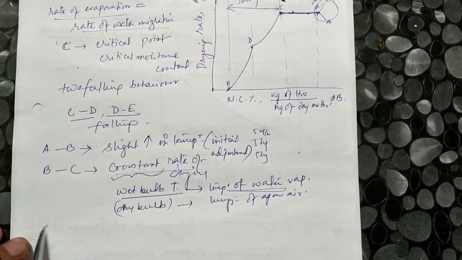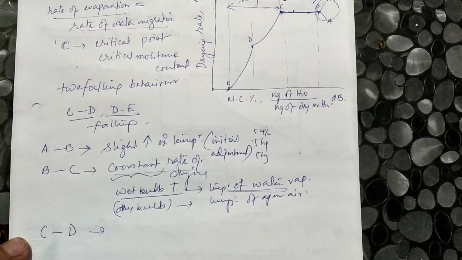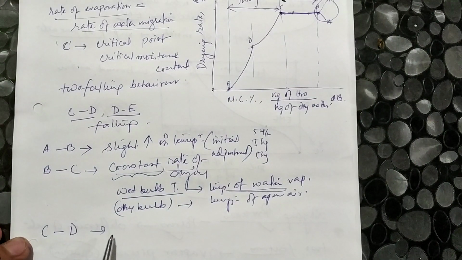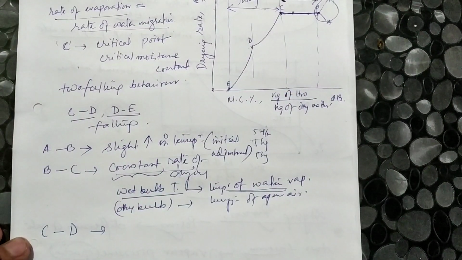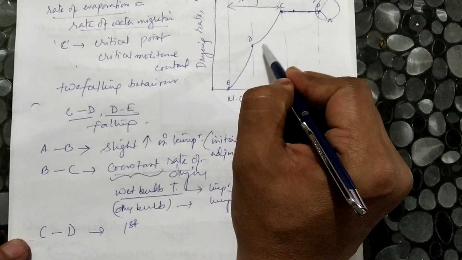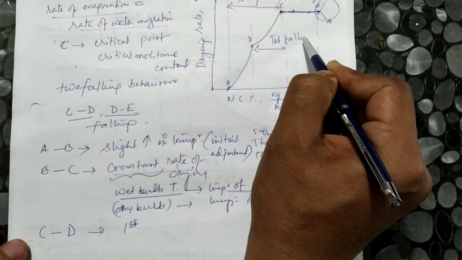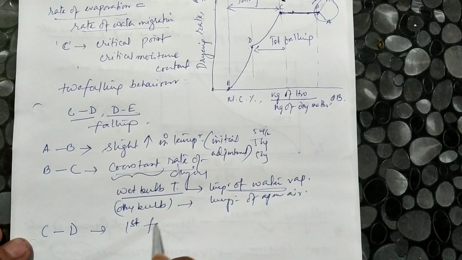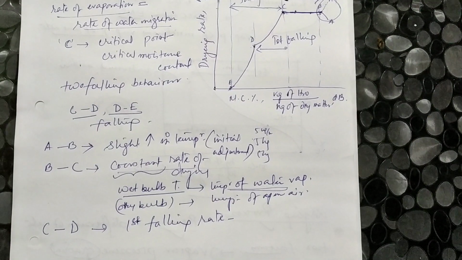Now C and D. There is an abrupt change in this condition, suddenly after completion of the constant behavior. Abrupt means a sudden decrease of drying rate. C and D is also called fast falling rate.